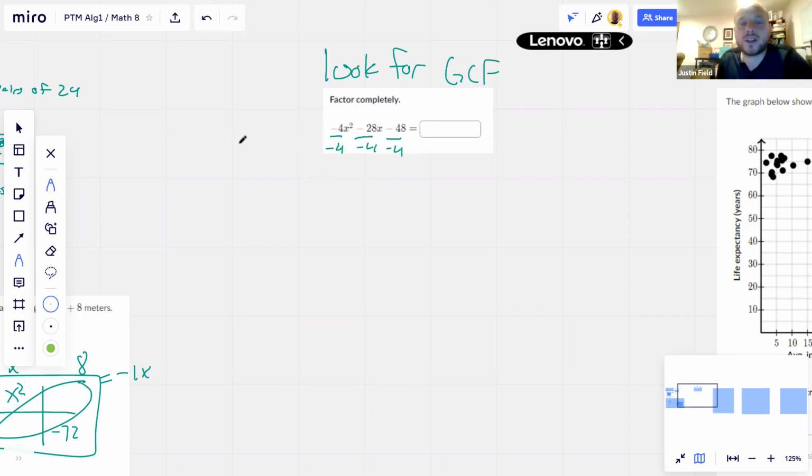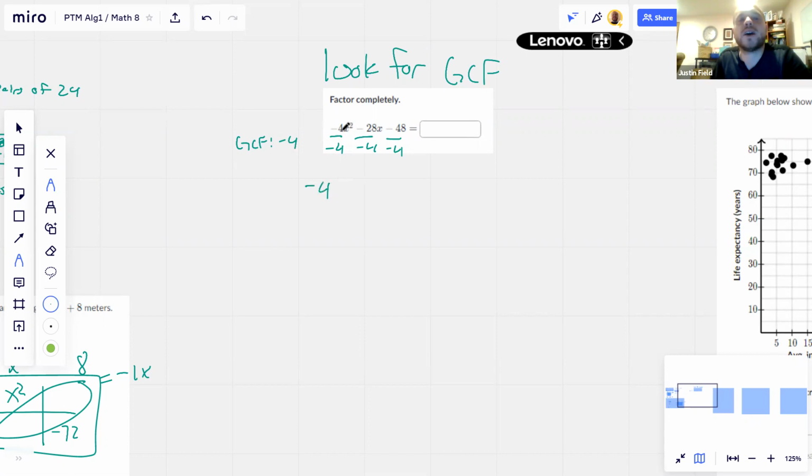Because we can divide them all by that number, it's called the greatest common factor. Any number you can divide them all by is a common factor, and the biggest one is the greatest common factor. So what we do is we divide them by the greatest common factor, because that's all we can do with it.